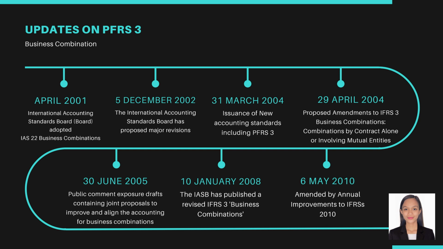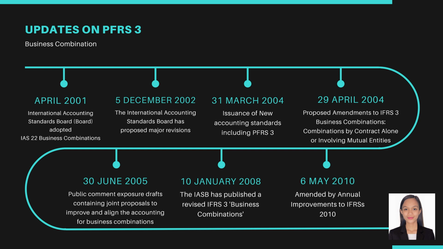On June 30, 2005, this is also a proposed exposure draft to the published IFRS 3 containing joint proposals to improve and align the accounting for business combination. Wala namang gaanong nangyari sa event na ito. They only propose amendments again when it comes to improving the accounting for business combinations.